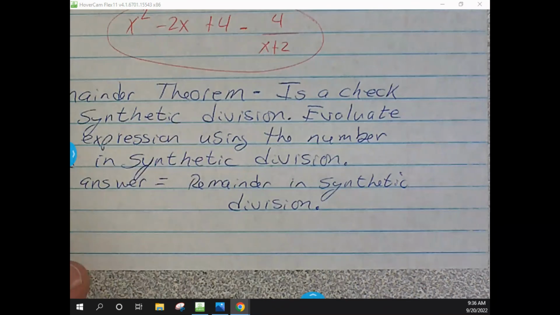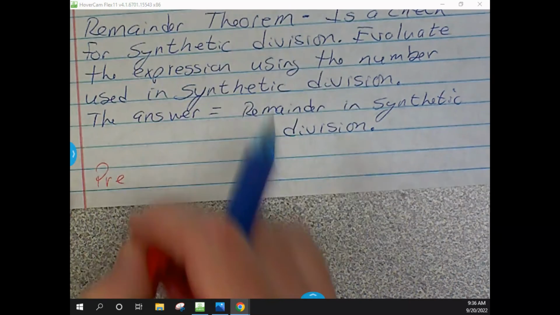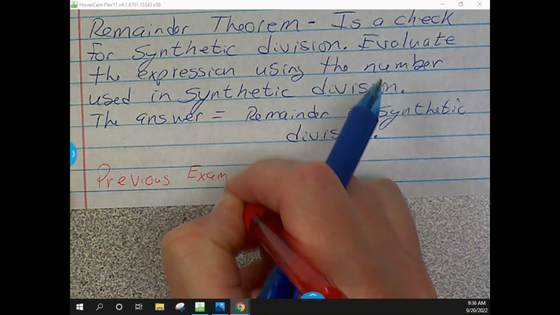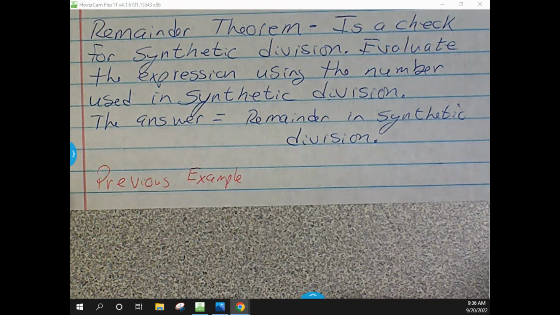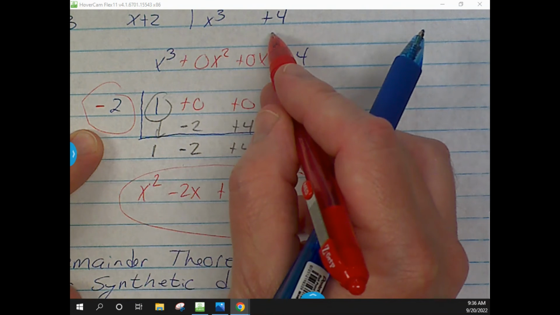So if we go back to this previous example that we had, again, this one's kind of short, so it works out pretty easy. We're going to take -2, and we're going to plug -2 back into x to the third plus 4.